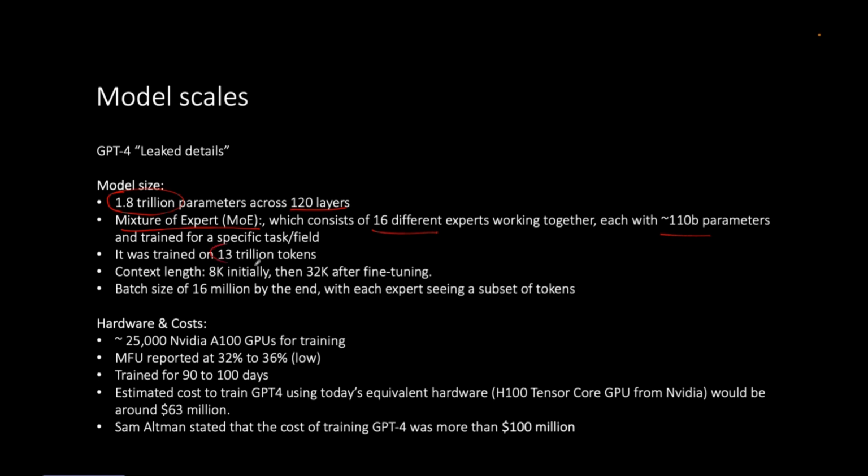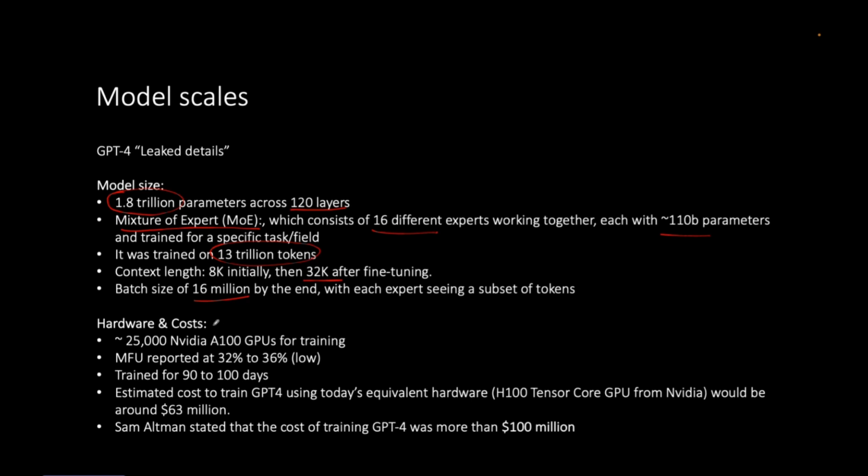And they were trained on a data set of 13 billion tokens with a context length, that is the prompt size, of 32K. If you remember, when we did our training loop, we had a batch size of 32 or 64. Their batch size is 16 million. So these are large numbers.